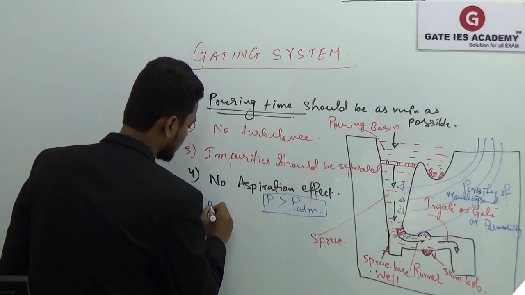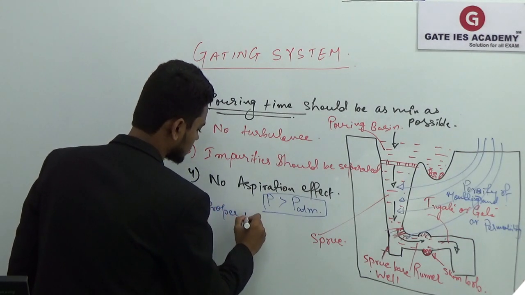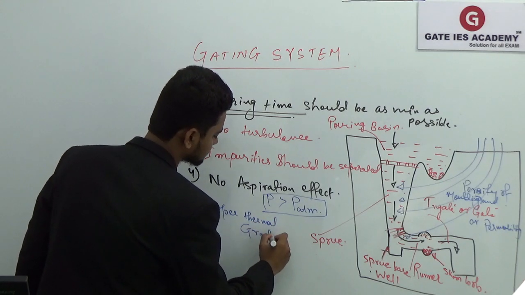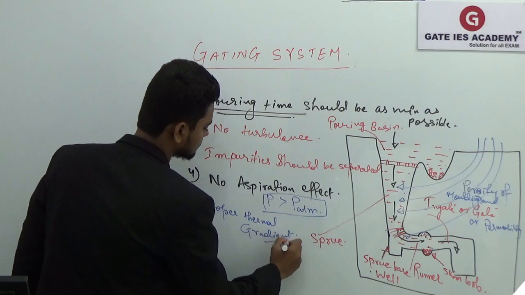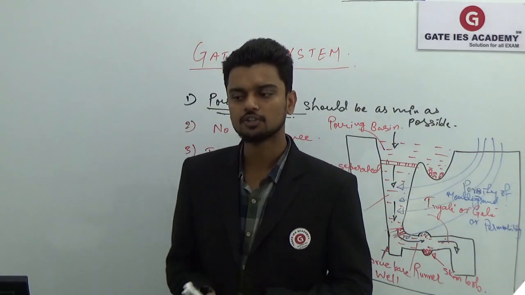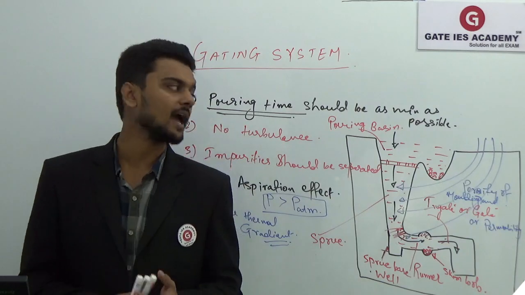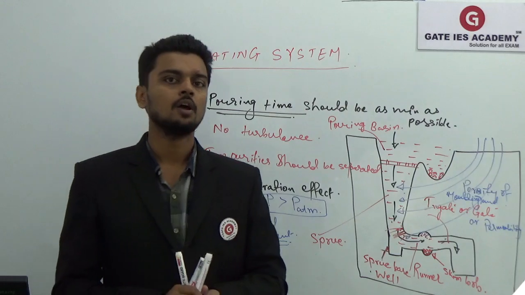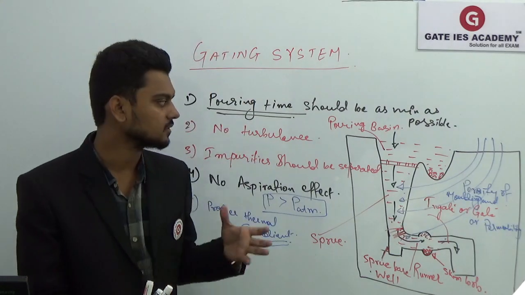Fifth one, proper thermal gradient. There should be proper thermal gradient in order to have progressive solidification of your molten metal inside the gating system.